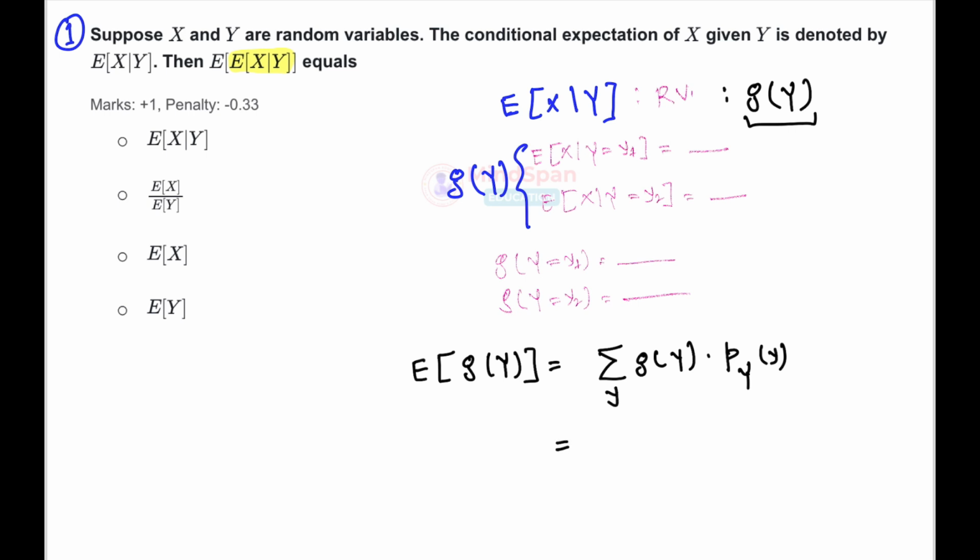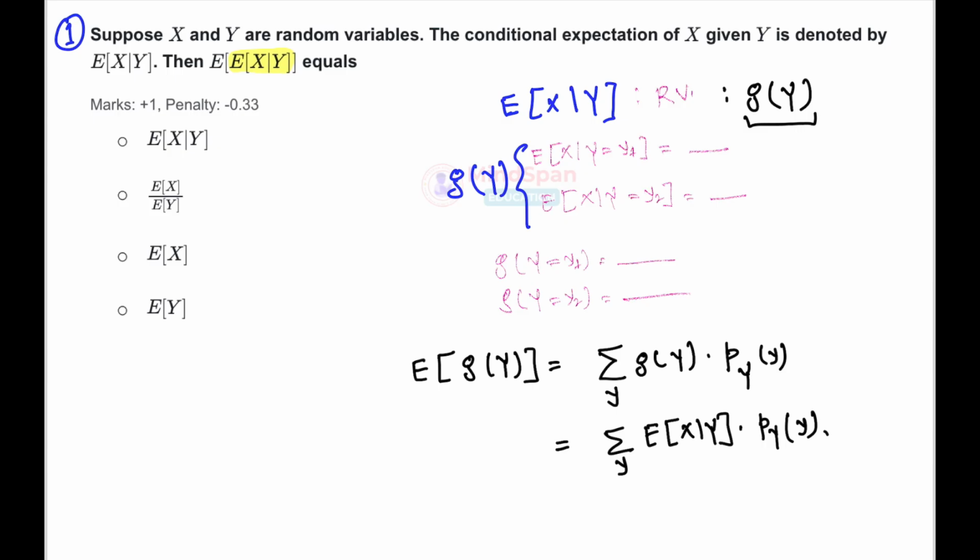And what is g(y)? g(y) is nothing but the expectation of x given y, times the PMF of the random variable y.